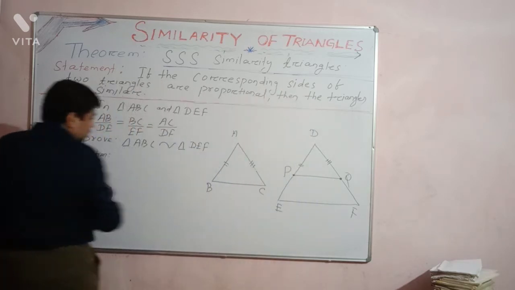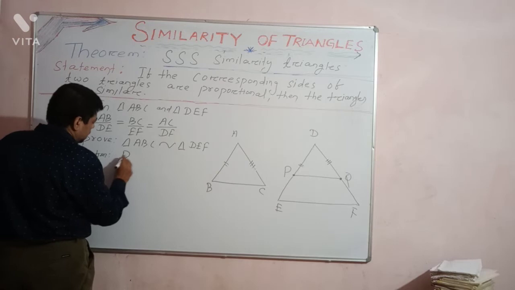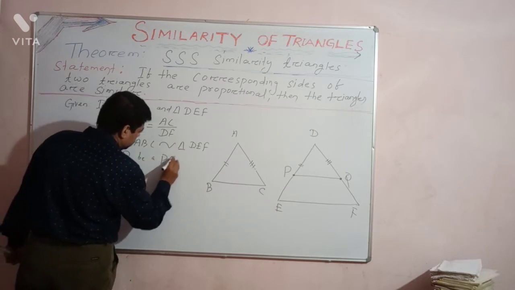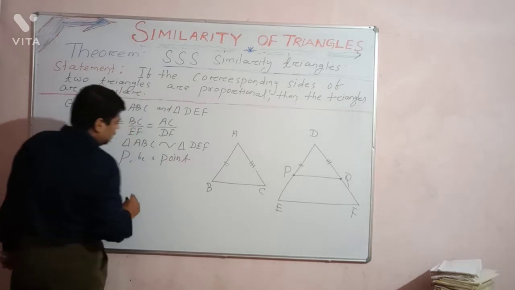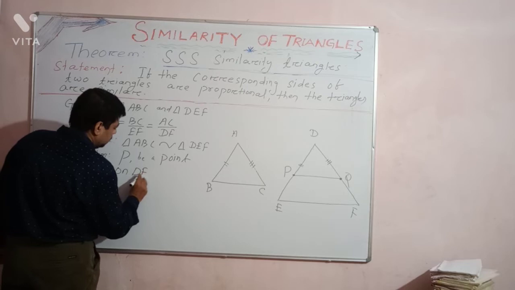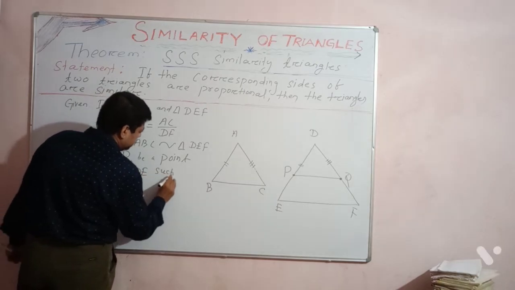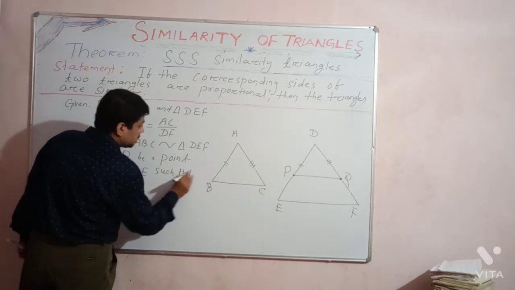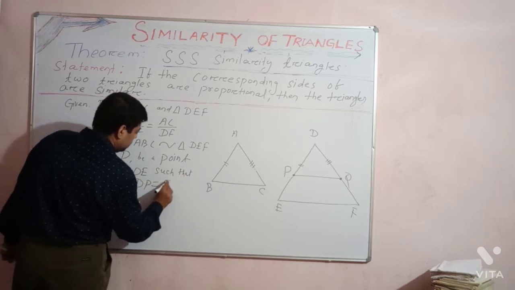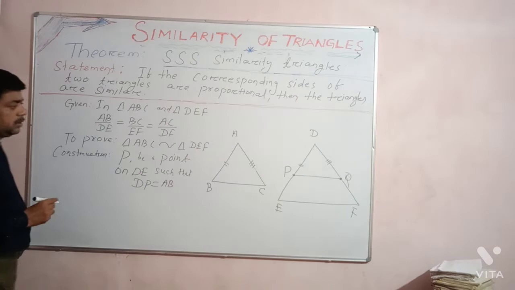So let's see. P be a point on DE such that DP is equal to AB. Understand or not?